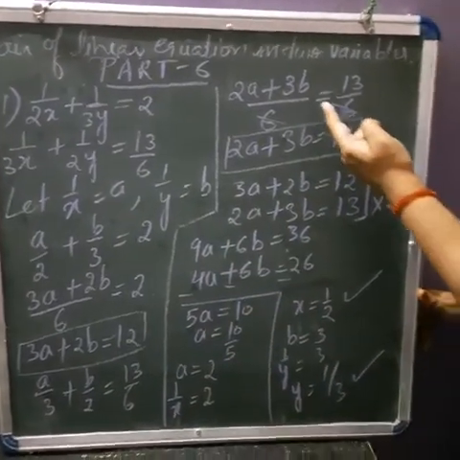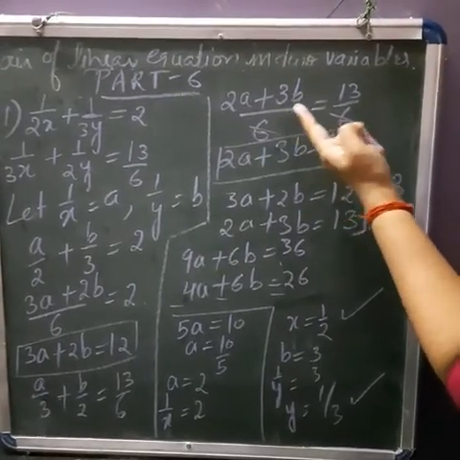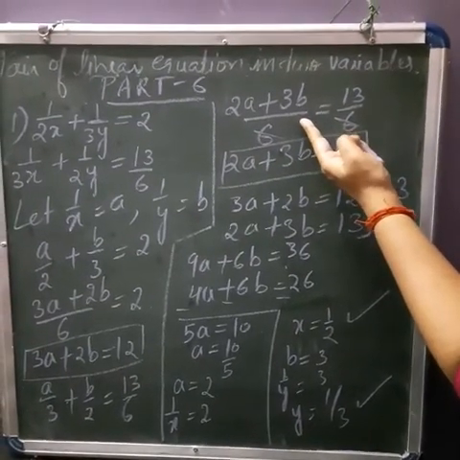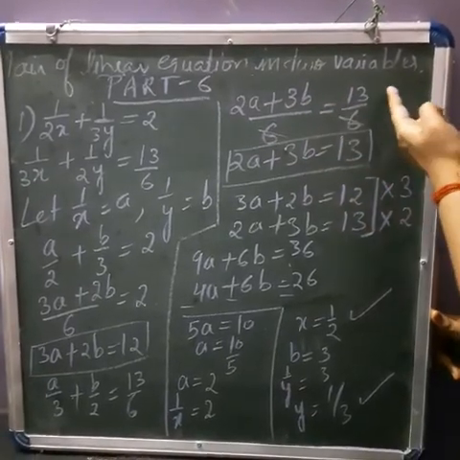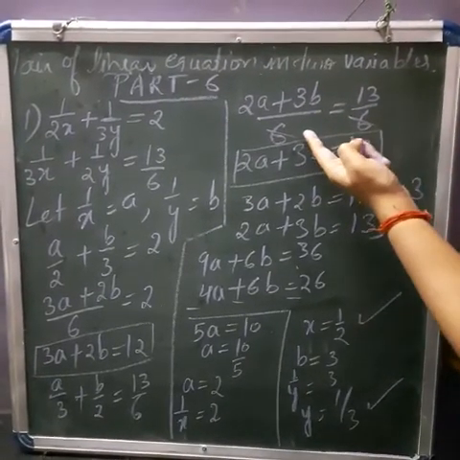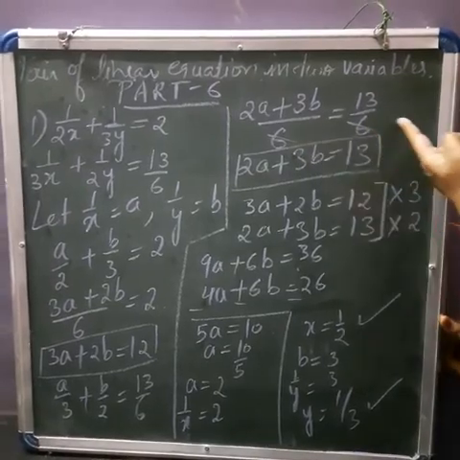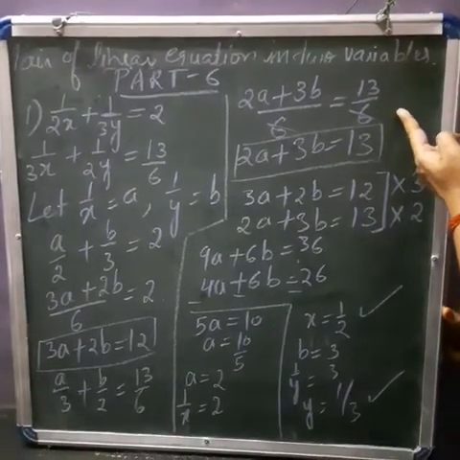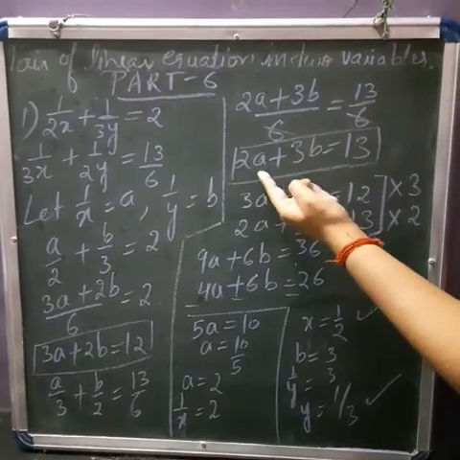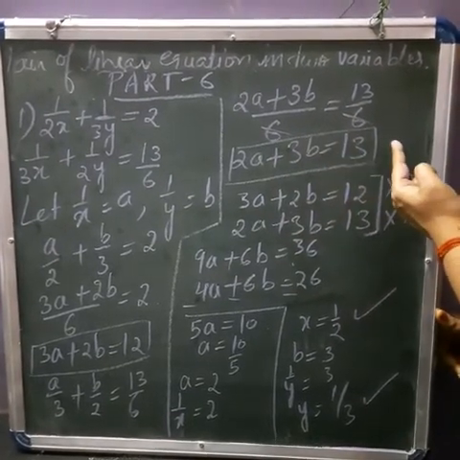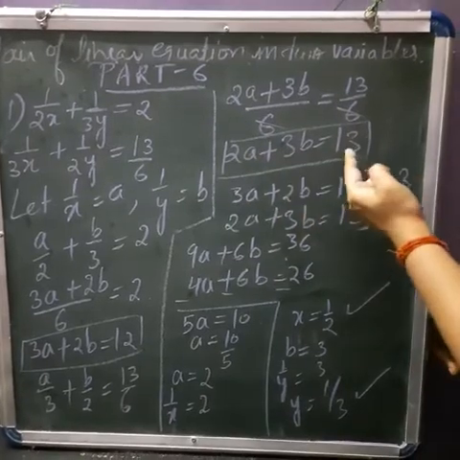On this side, you take the LCM, that is 6, and the numerator we get is 2a plus 3b. Here in the denominator we have 6, and here also we have 6. So 6 and 6 will be cancelled. 2a plus 3b is equal to 13. It is equation number 2.